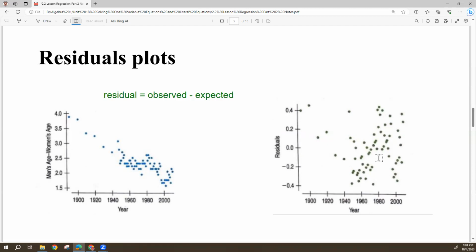If you see a pattern, if there's some sort of curve that's defined, if it looks like a straight line itself, if there's this sort of funneling effect where perhaps some of the residuals are tightly packed, so let's say we have a bunch here and then they really fan out, then we might want to revisit whether or not we should be doing linear regression or if we've made a mistake in our model.